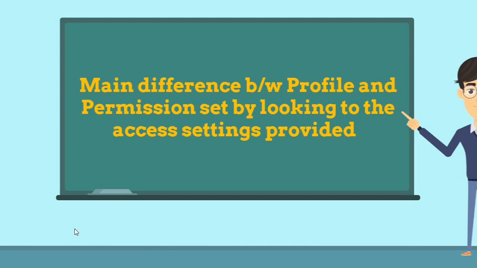In the profile there is something called login IP hours and something called IP range addresses. These two settings are not in the permission sets. That was the answer he was expecting from me, which I didn't give. I gave the definition of profile and permission set. So that was the answer, which I told you now.